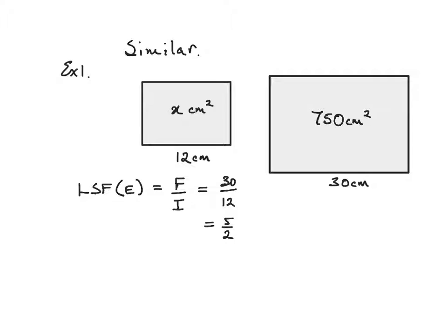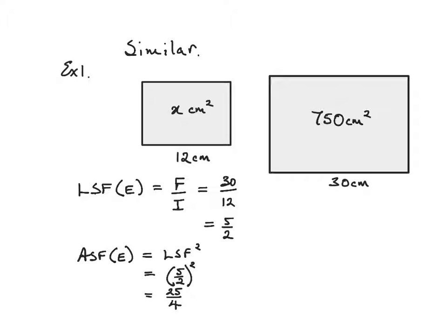Now, the area scale factor is the length scale factor squared. That's to say we're going to square 5 over 2. Well, if I square 5 I get 25, and if I square 2 I get 4.